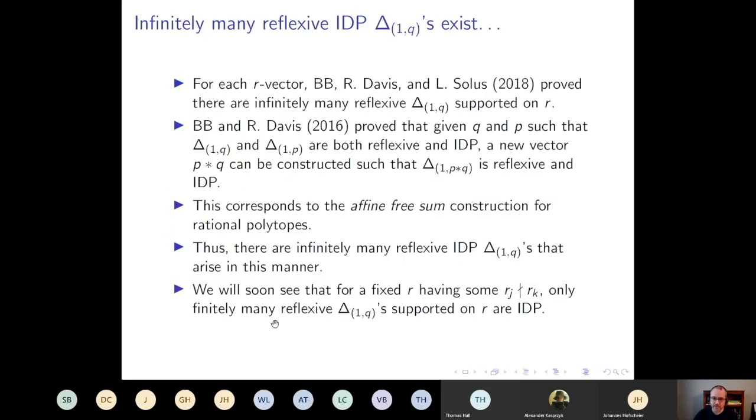If that is the case, then only finitely many of these infinitely many reflexives supported on R will be IDP. Okay. So when you put the reflexive condition on a distinct set of supports, then that does not push you into a finite setting, but with this kind of mild restriction, IDP really crushes down the number of delta 1 Qs that are reflexive IDP.